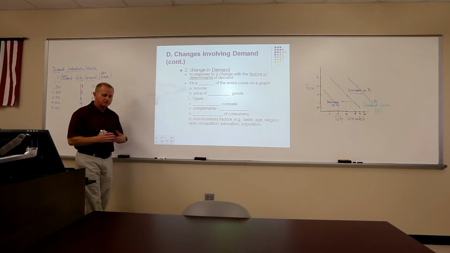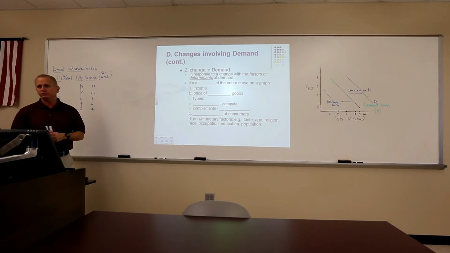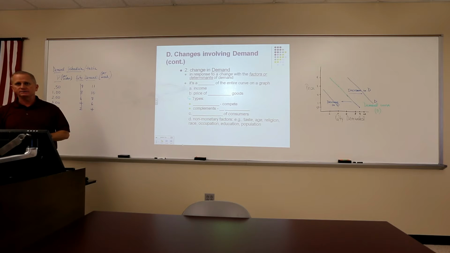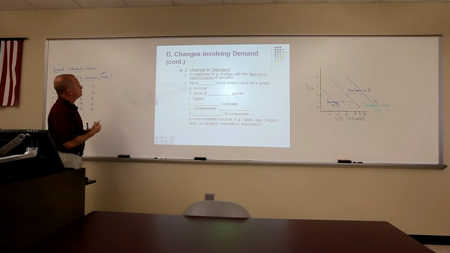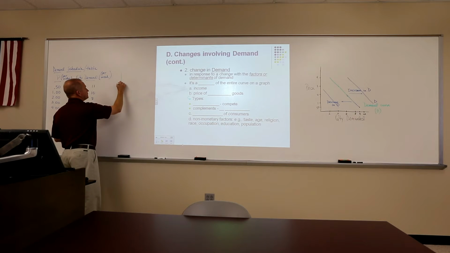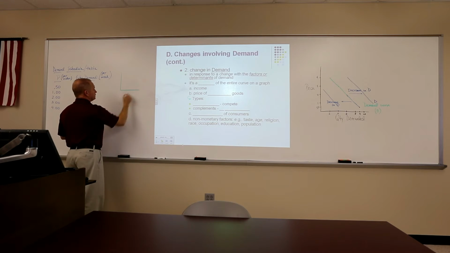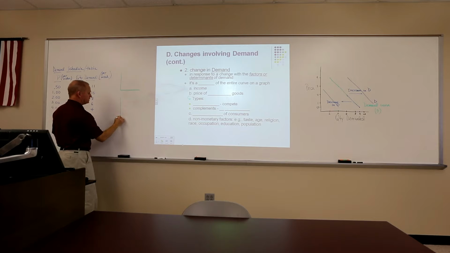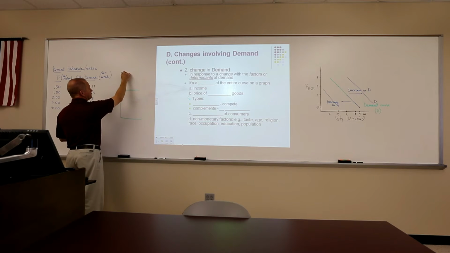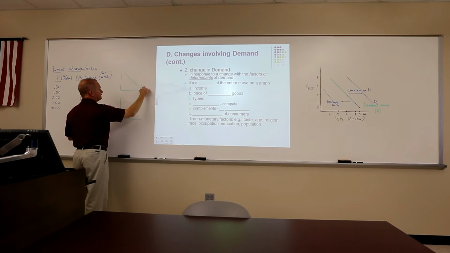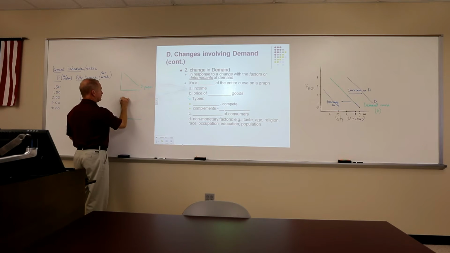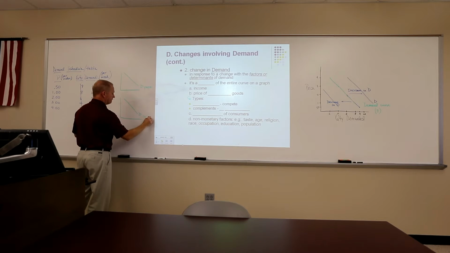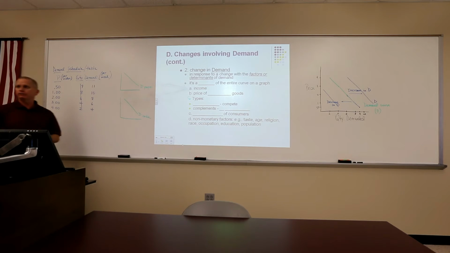I always use these examples. There are many examples you could use, but Pepsi and Coke is a classic one. If we used different demand curves here, demand for Pepsi and Coke, I'm assuming you like them both.